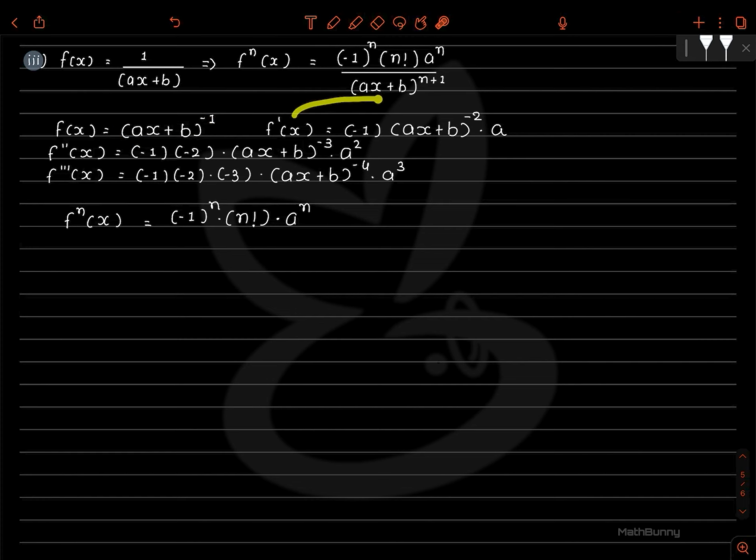For first derivation, it is minus 2. For second derivation, it is minus 3. For third derivation, it is minus 4. So we can write it in the denominator as (ax plus b) raised to n plus 1. As the power is minus, we can write it in the denominator. This is the formula for the nth derivative of 1 upon ax plus b.